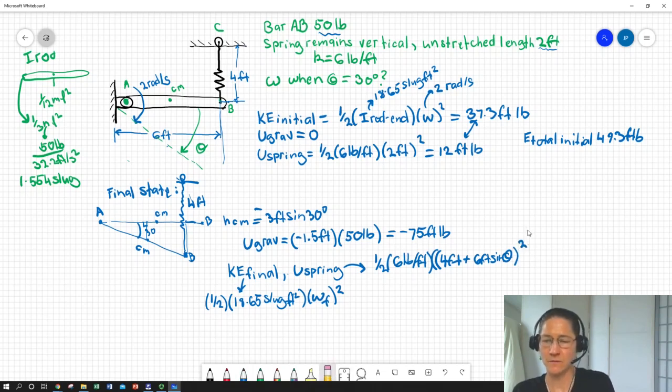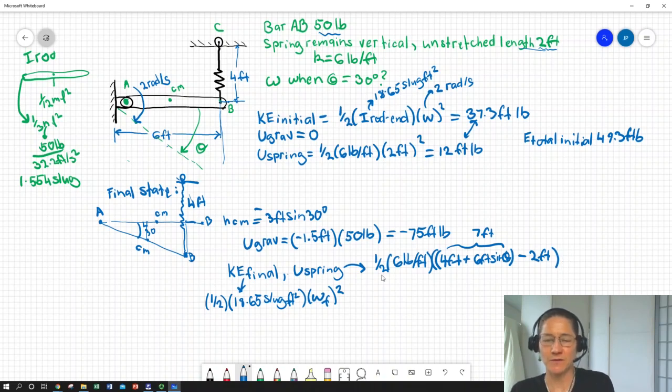That's our total length, minus our distance that represented our unstretched length, which was 2 feet. So instead of 4 feet minus 2 feet, we have effectively 7 feet minus 2 feet.